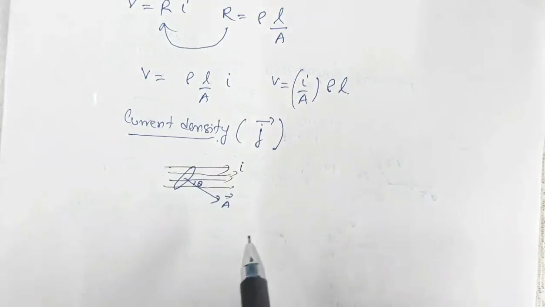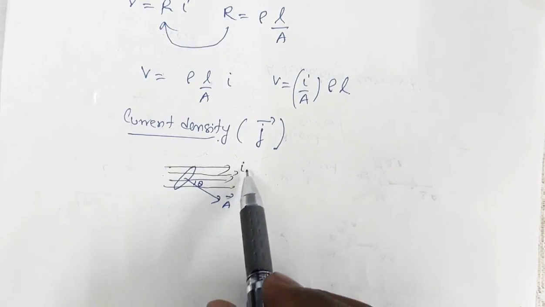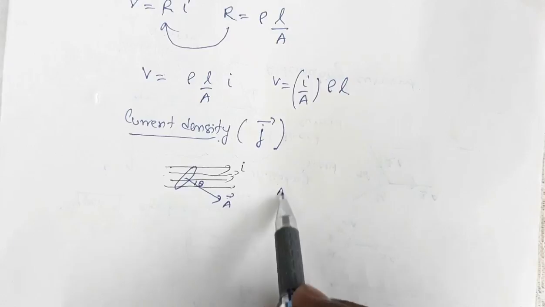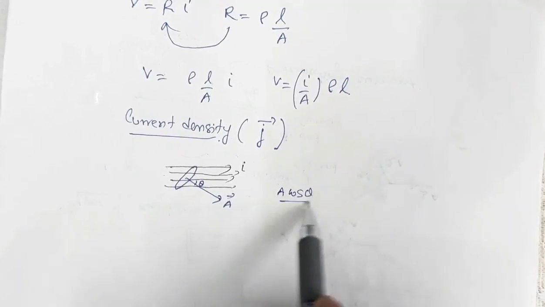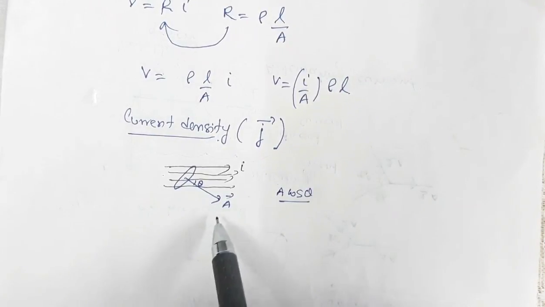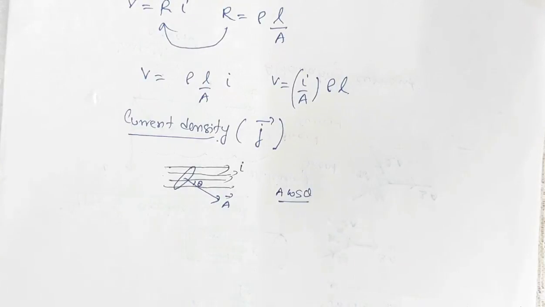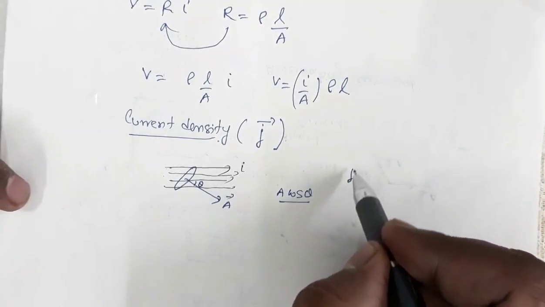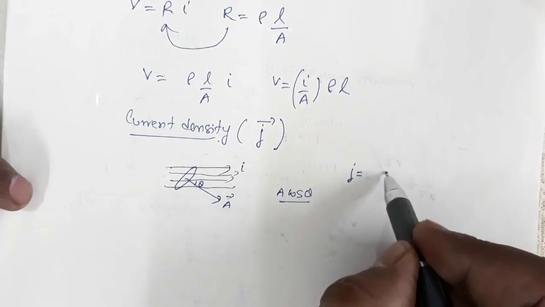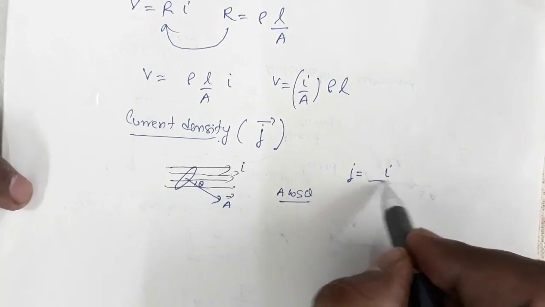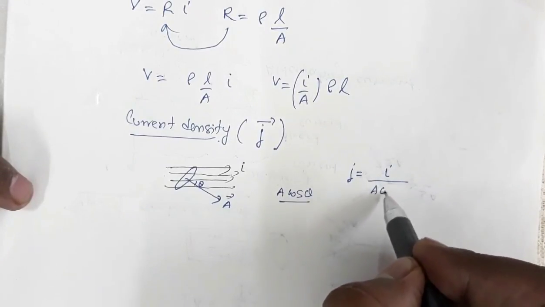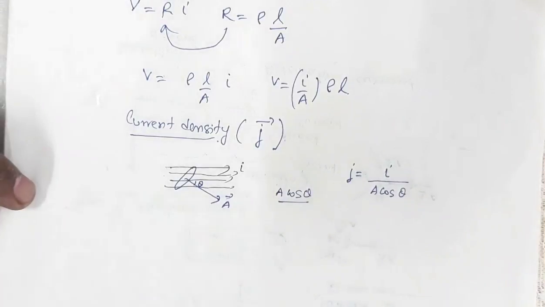So the component of area vector in the direction of current is A cos theta. Now current density is defined as the ratio of current to the component of area vector in the direction of current.